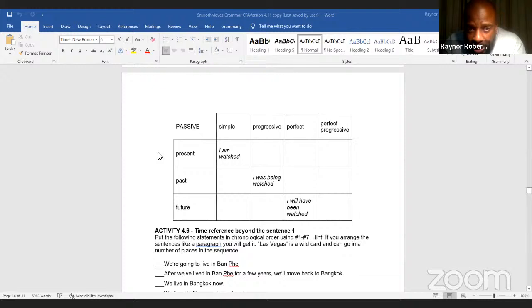So in this case, we're looking at the context, and I call you and I say, I am watched, right? That means I feel like I'm being watched. Somebody's watching me. I don't know who that is. So I'm using the passive voice.